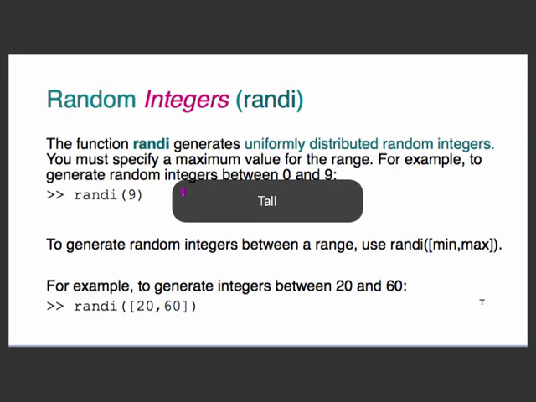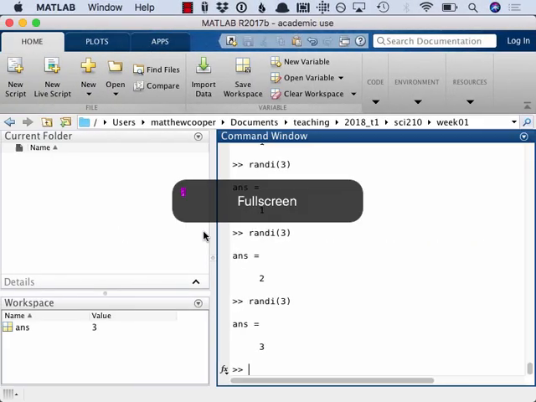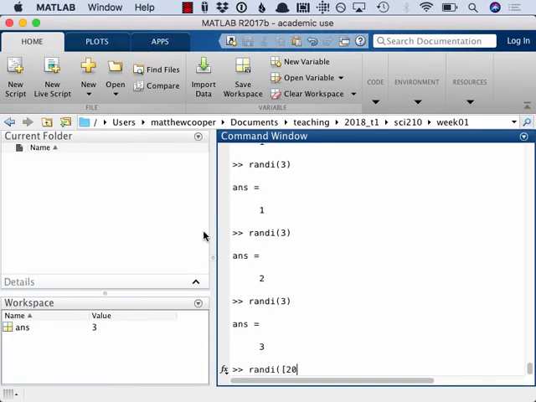Okay, what happens if I want a different range? I can go 1 to 20, 1 to 100, but what if I wanted 20 to 60? I could go randi 20 to 60. So MATLAB's got some weird notation sometimes.